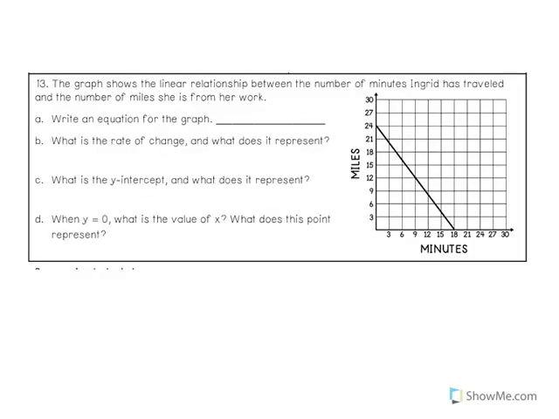All right, let's continue. The graph shows the linear relationship between the number of minutes Ingrid has traveled and the number of miles she is from work. We're going to write an equation for the graph. So we have that y equals mx plus b, y equals mx, and then I've got to figure it out. My b is where it crosses the y-axis, which is the y-intercept.